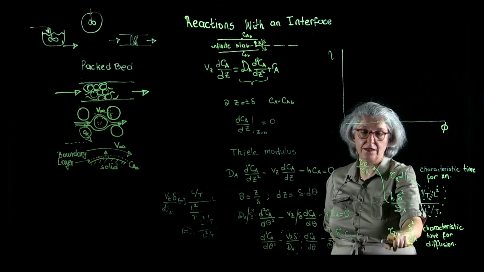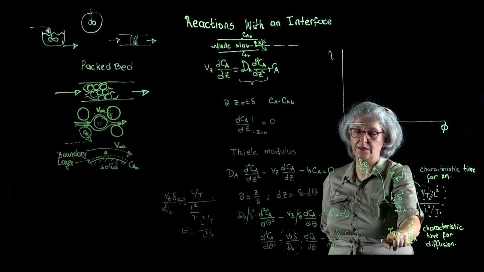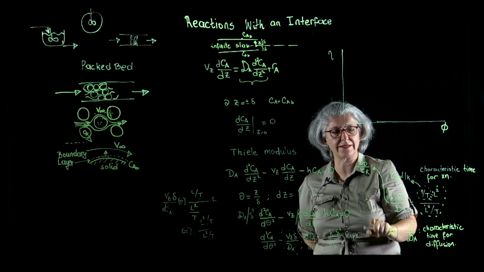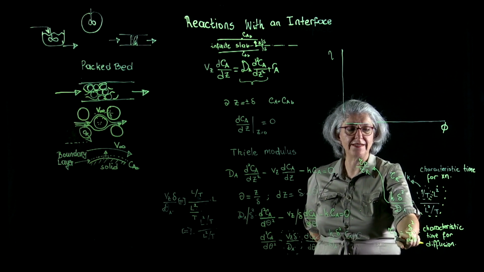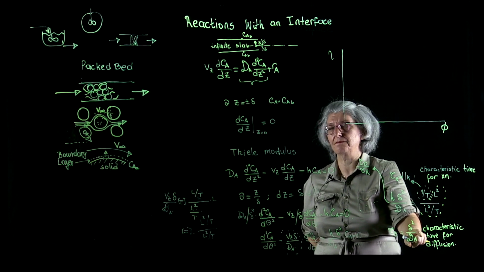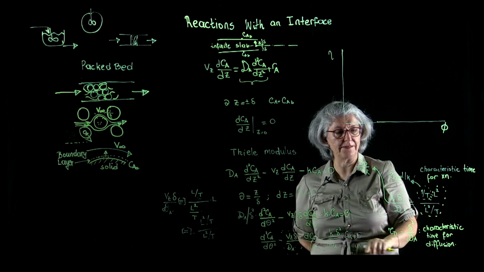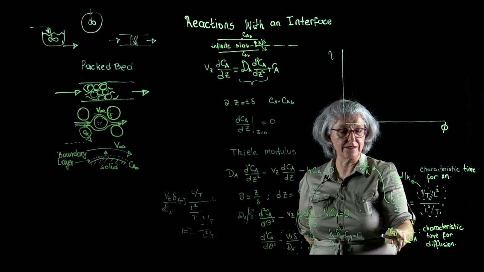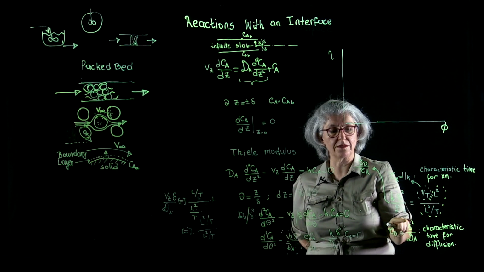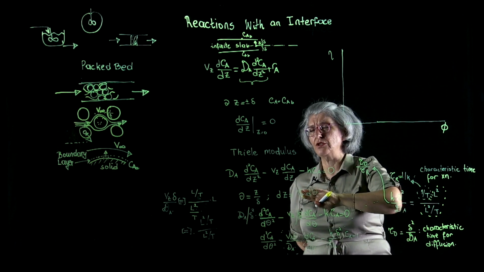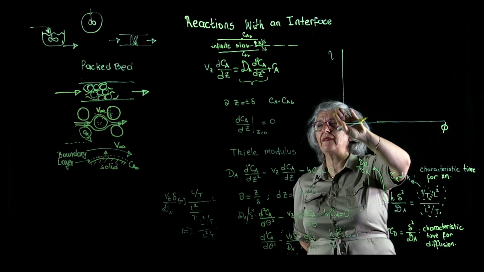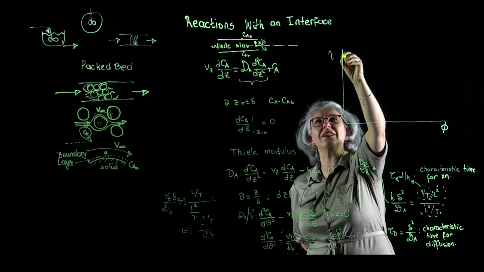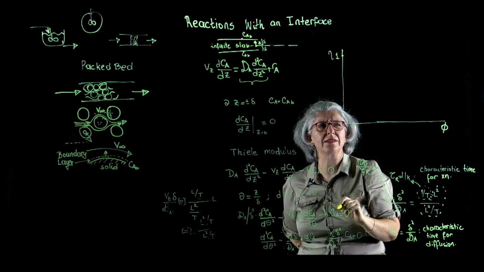Now, when D is 0, characteristic time for diffusion becomes infinite. It takes infinitely long for the molecule to arrive at the site. But when D is infinite, when it is infinitely large, that characteristic time for diffusion becomes 0. That the molecule diffuses immediately. When the molecule diffuses immediately, my catalyst is very effective, my effectiveness factor is 1.